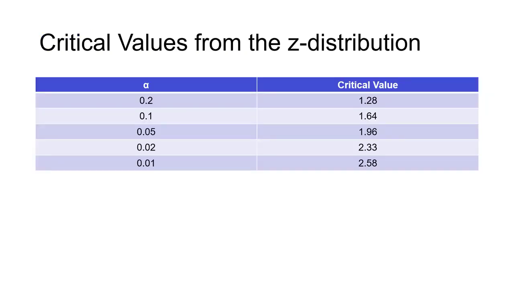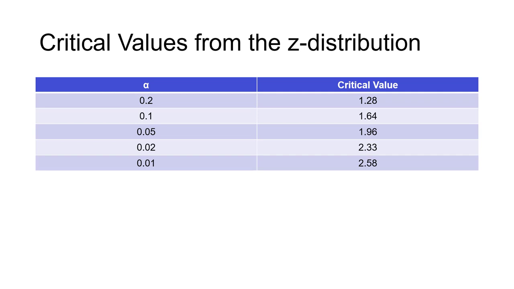For other alphas, the critical values change. So if I have an alpha of 0.2, it means a 20% false positive rate, 20% of the time I'm going to get it wrong. I end up with a critical value of 1.28. That means a much narrower confidence interval.